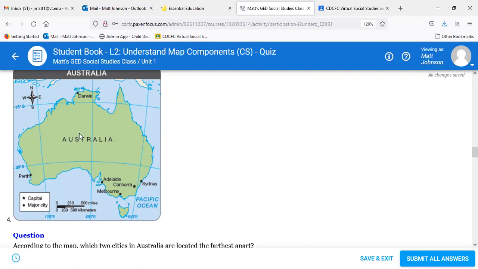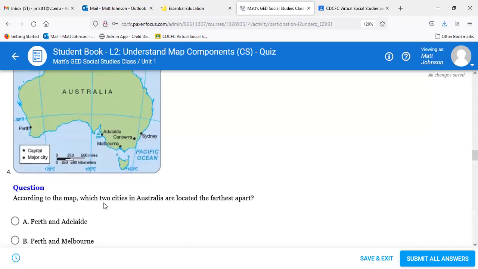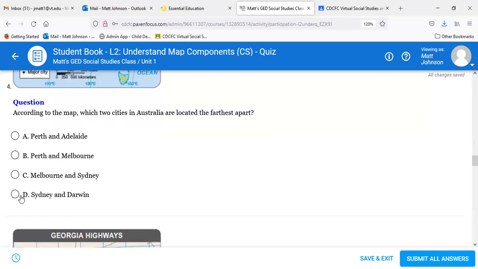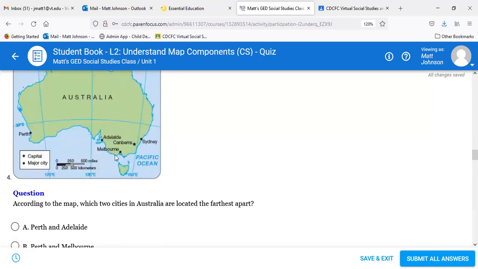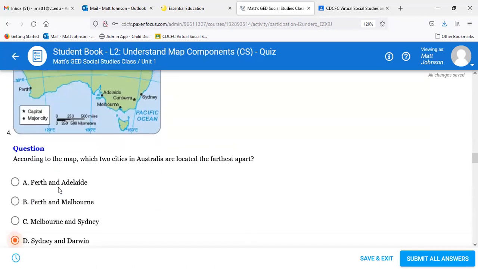You would look at that map and think, okay, Perth and Sydney look really far away, but that's not the answer, so you can eliminate that right away. Then the only other thing that's left that's really far apart is Darwin and Sydney. If we broke our little rulers out, we would see it's probably pretty close, but it's actually Darwin and Sydney.